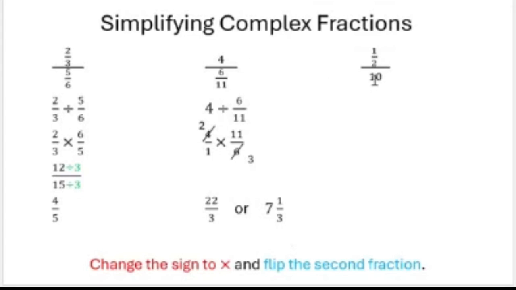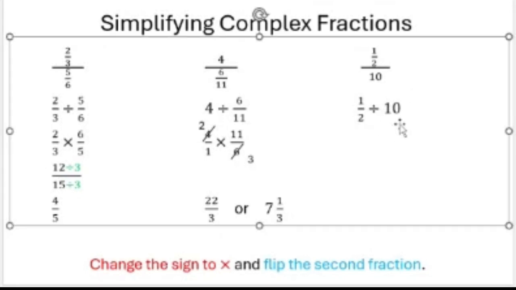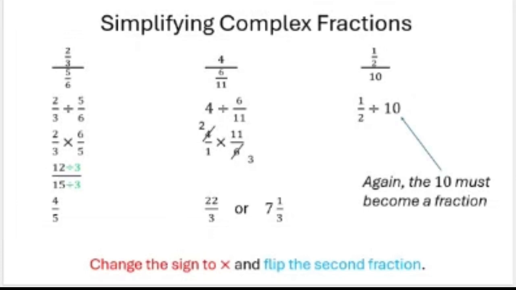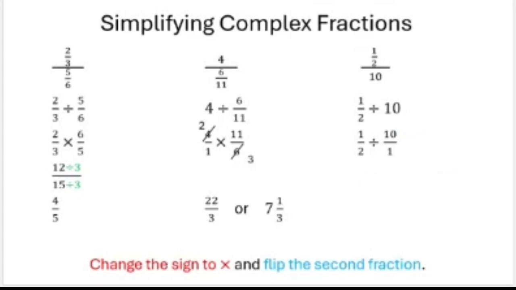Let's look at the third one. A half on the top and 10 on the bottom actually means a half divided by 10. We can't do any fraction work with the whole number 10. So we turn it into 10 over 1 because everything has to be a fraction to do fraction work. Now let's remind ourselves not to be tempted to cancel here.